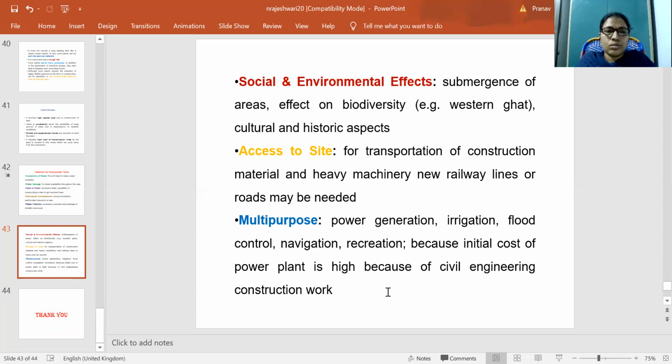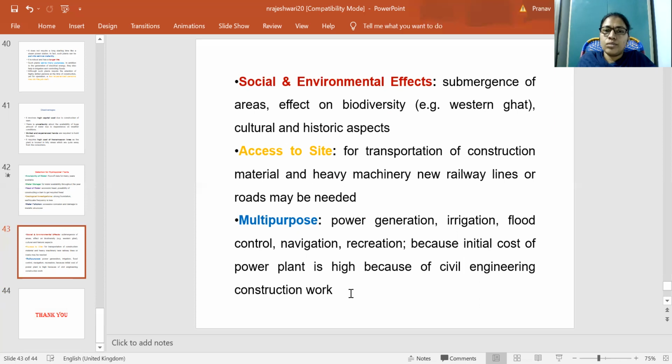And access to the site. Access to site means transportation of construction material and heavy machinery. New railway lines or roads may be needed.